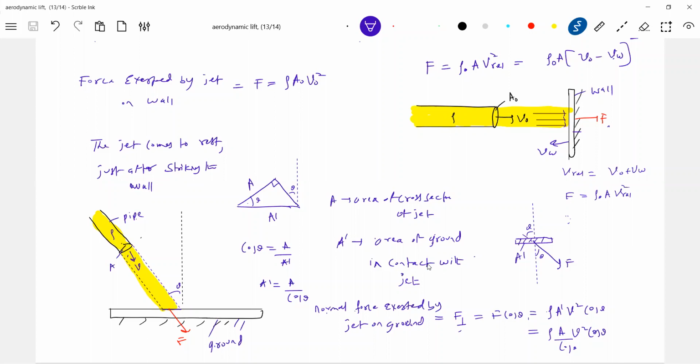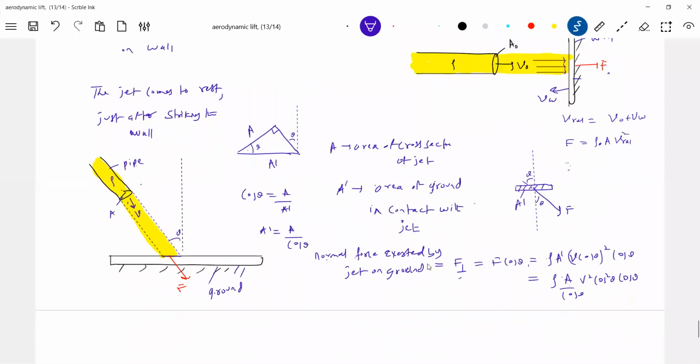I think for V you should take the component of velocity directed normal to this A dash, not V. So I'll make a change here. There is no problem with A dash. What is F? F should be rho A dash, the area of contact, times the component of velocity V cos theta whole square, into cos theta. What is A dash? A dash will be A cos theta, V square cos square theta.